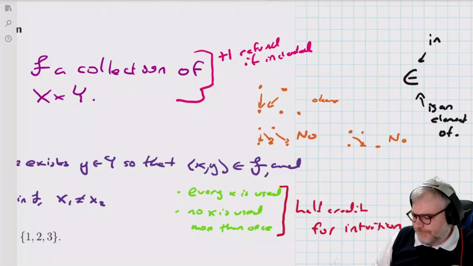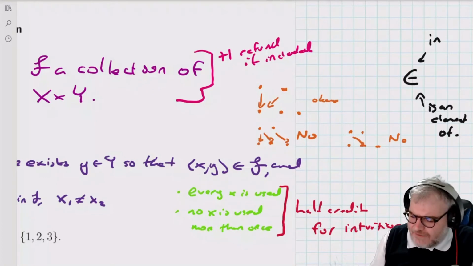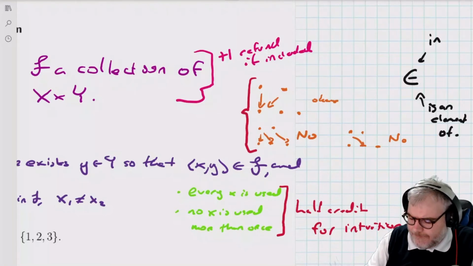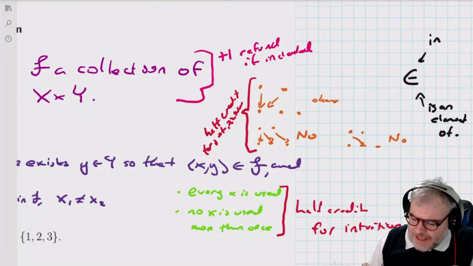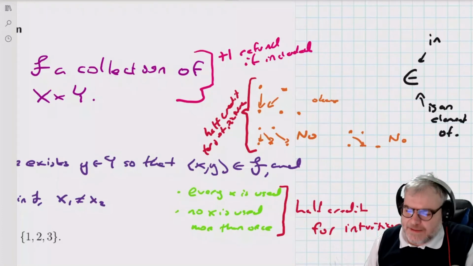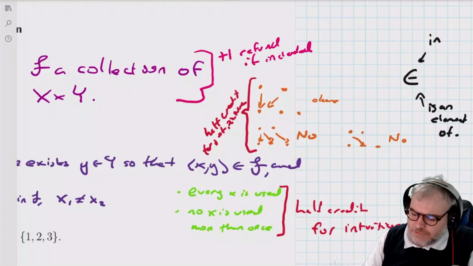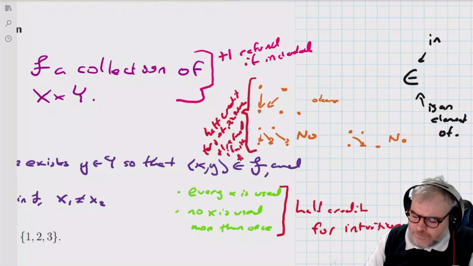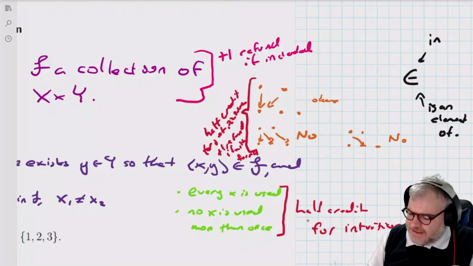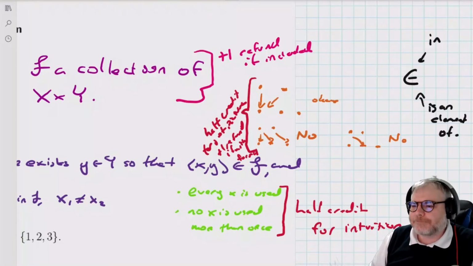Also, you would have gotten half credit for the pictures. And if you drew the picture and then made a mistake, +1 refund if with formal. So if you did this and you did this, you got 3 out of 4.